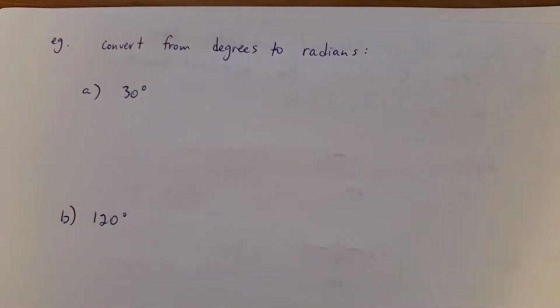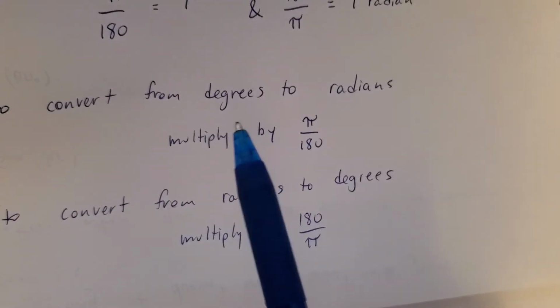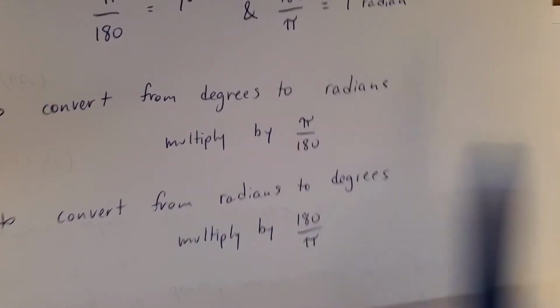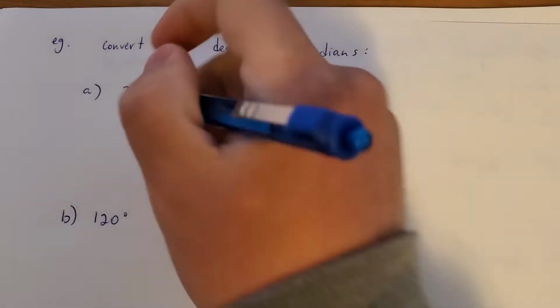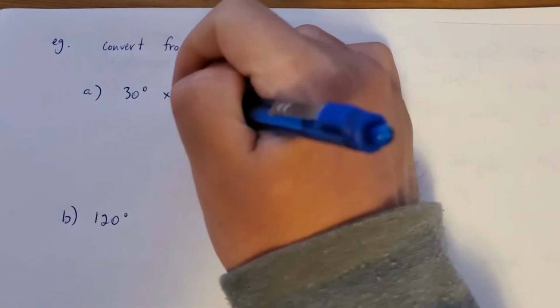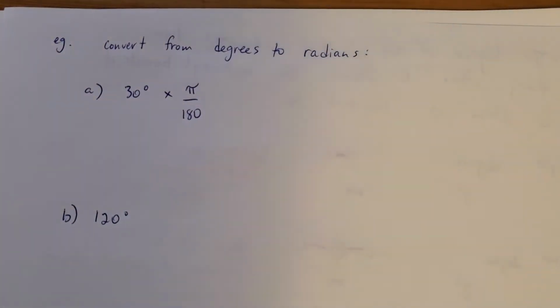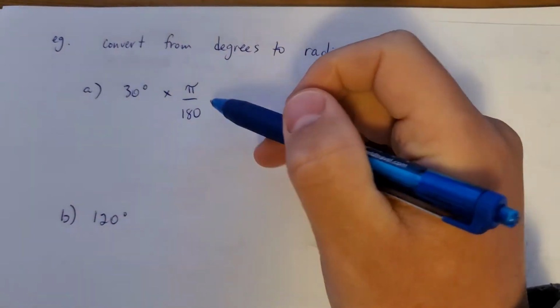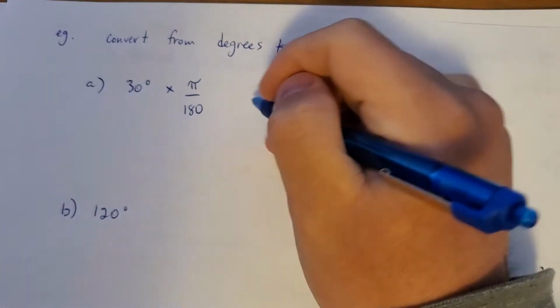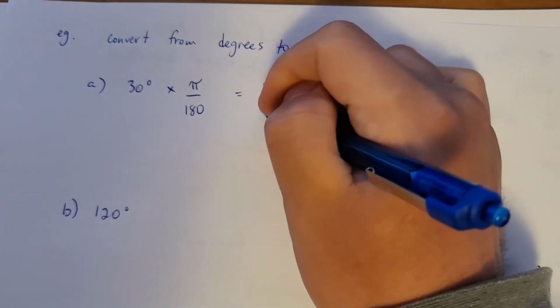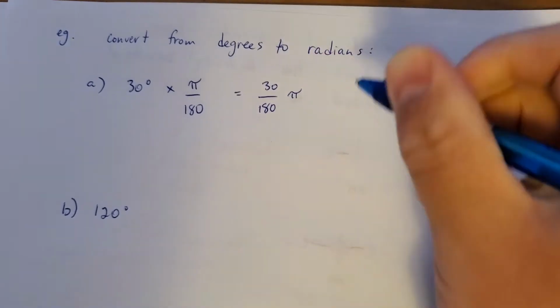Let's now do degrees to radians. So my cheat sheet here, going from degrees to radians, I multiply by pi over 180. Now here's where I really recommend you do it by hand, not on your calculator, okay? Because a lot of times you're going to want pi in your answer. So let me write it like this, 30 over 180 times pi.